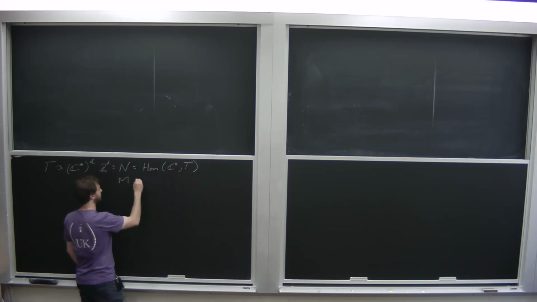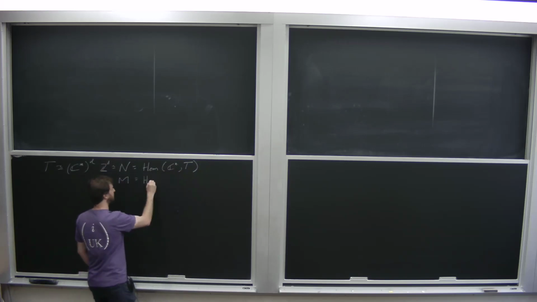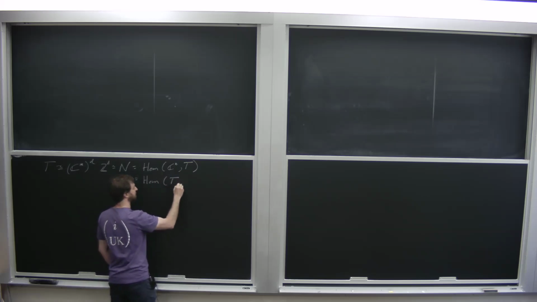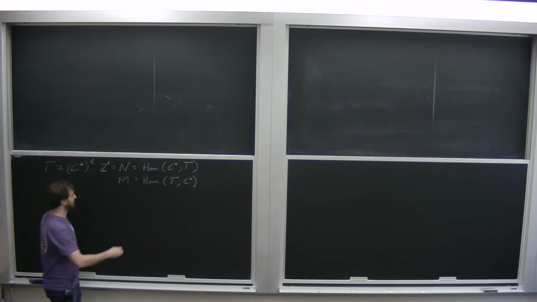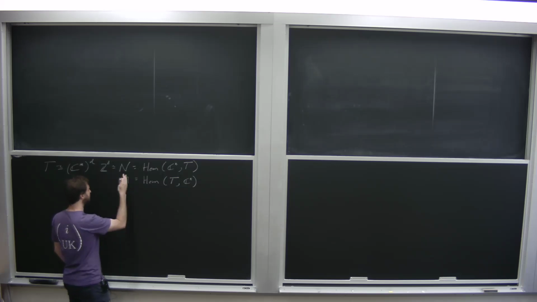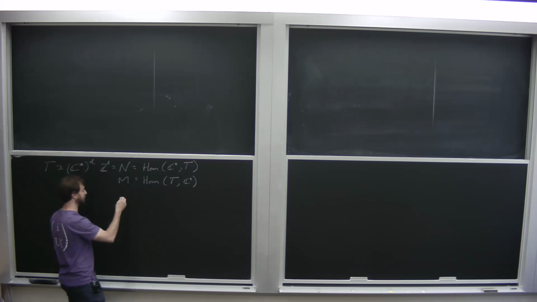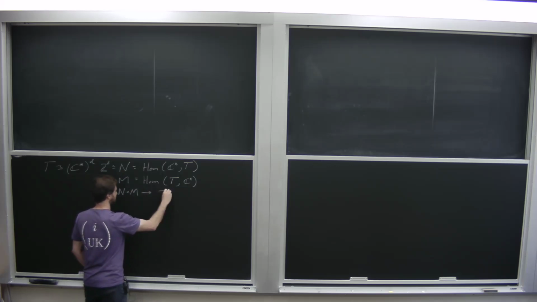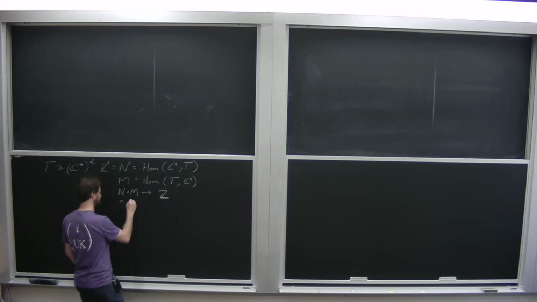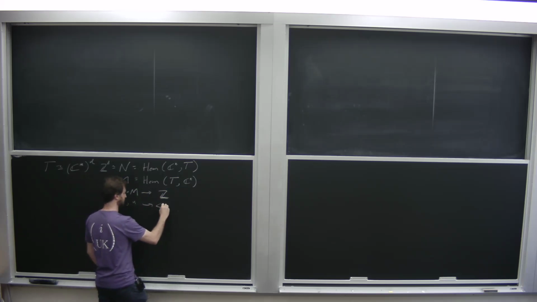And then M is going to be the dual lattice of characters. And this is also Z^d, and these are dual lattices, so there is a pairing, which I'll just denote with this angle bracket.